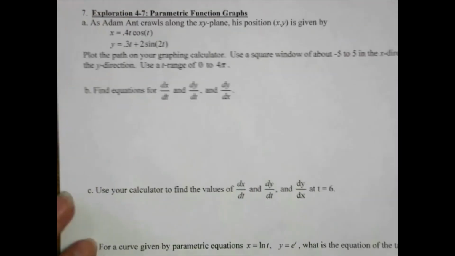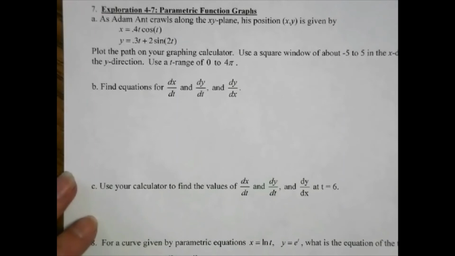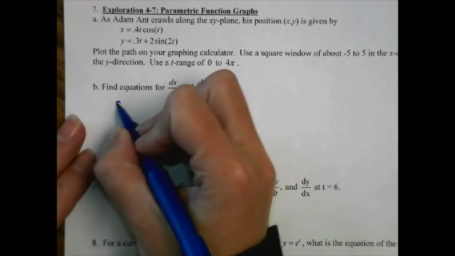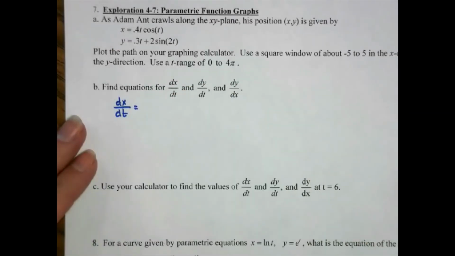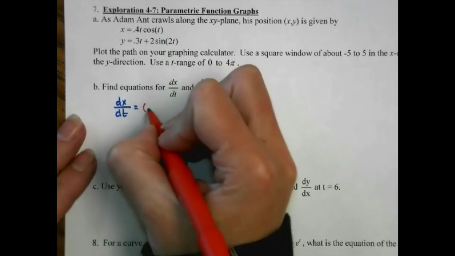Now we'll come back to the calculator in a moment. We're going to find the equations for dx dt, dy dt, and dy dx. So starting with x, this is a product, so we need to do the product rule.